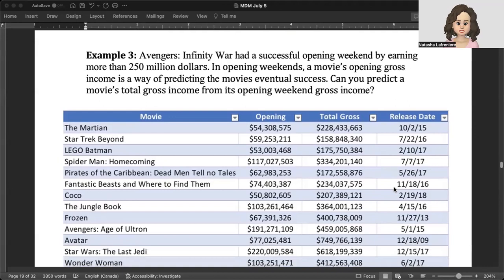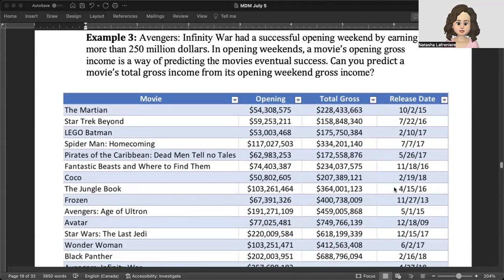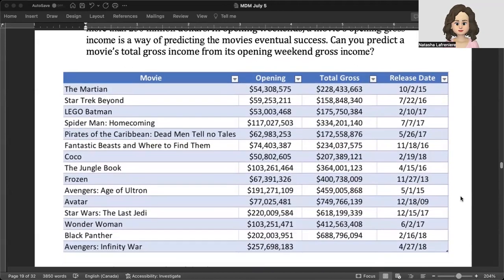So can you predict a movie's total gross income from its opening weekend gross income? We've got how much they made on their opening weekend for each movie: The Martian, Star Trek, Lego, etc. And then we've got their total gross, so how much they made since that release date.